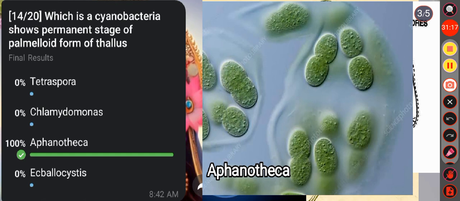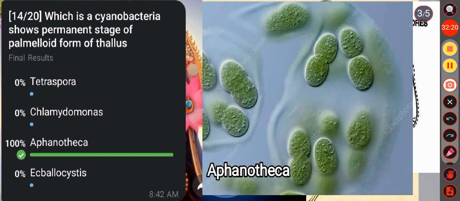Aphanotheca is a cyanobacteria in which permanent stage of palmelloid form of thallus organization is present. Tetraspora also shows the permanent stage of palmelloid form of thallus organization, but remember, Tetraspora is not a cyanobacteria. Tetraspora is a green algae. Tetraspora is a chlorophycean member, right?